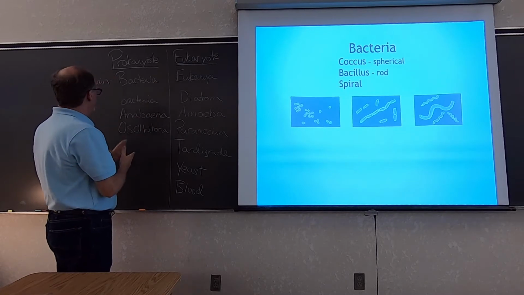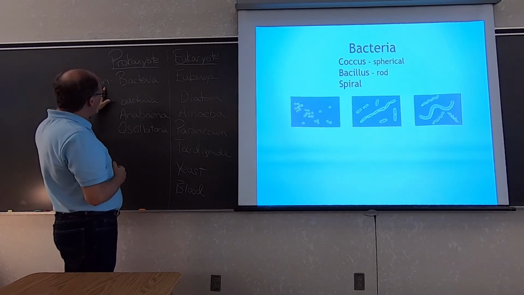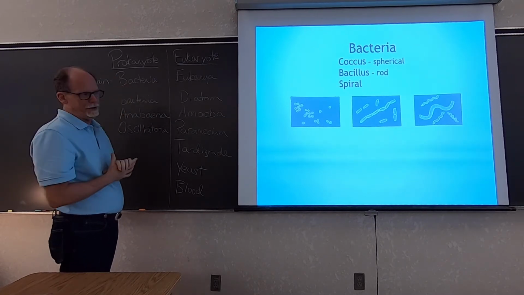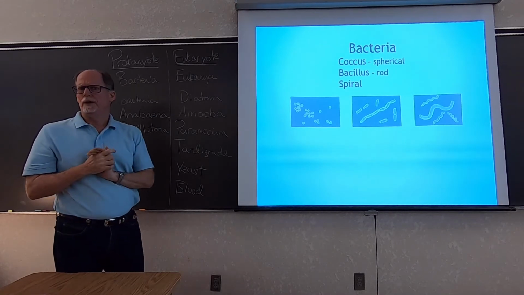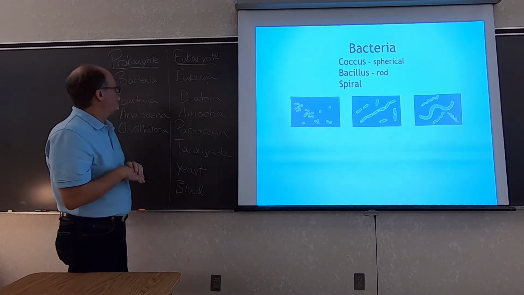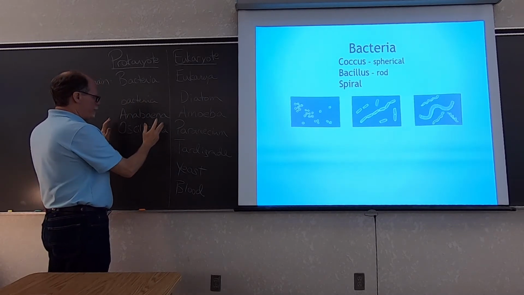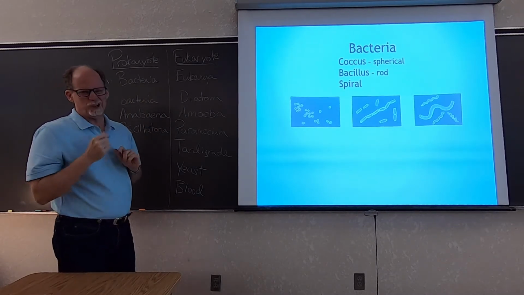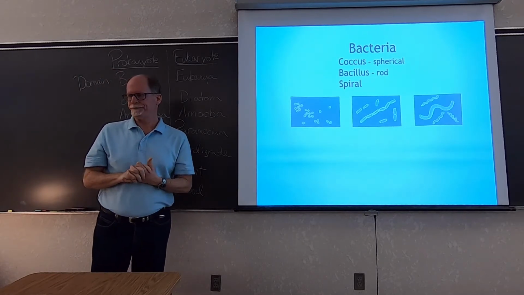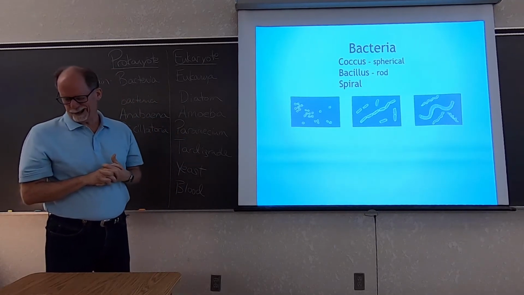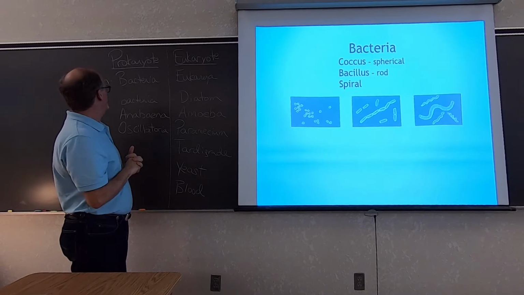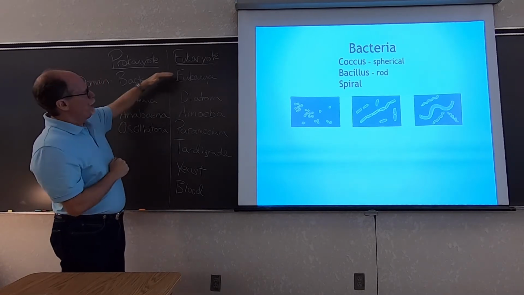They go in this category. There's a domain called bacteria that the bacteria fall into, as well as Anabaena and Oscillatoria, which are types of bacteria. Okay, they're not your classic bacteria, but they are types. So they belong in that domain.